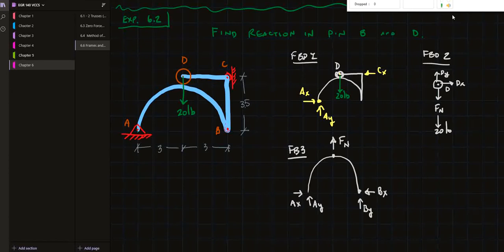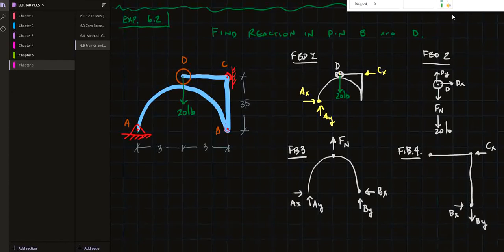Okay, finally, free body diagram number 4 will be this angle piece here by itself. So I have the CX reaction here. Now, I have BX pointing to the left over there, so I have to make it point to the right here. So they're equal and opposite, and I have to make BY point down.